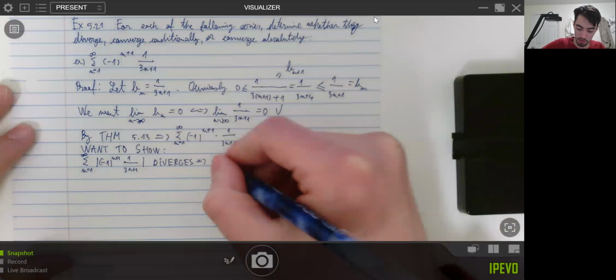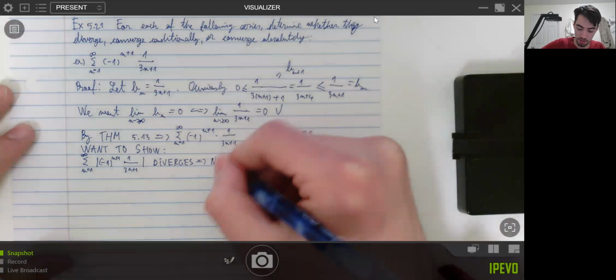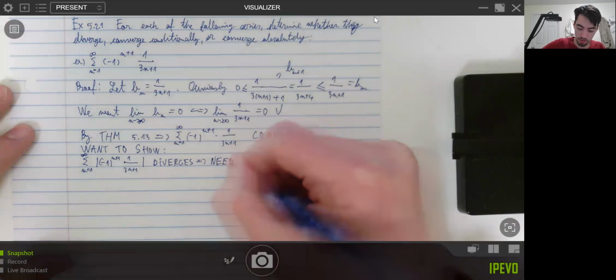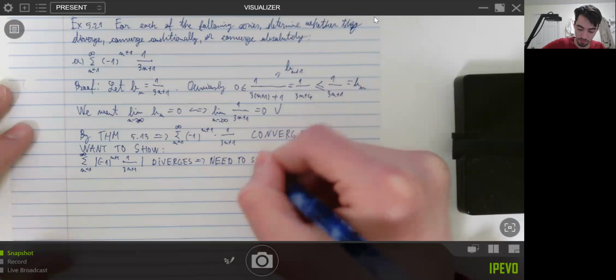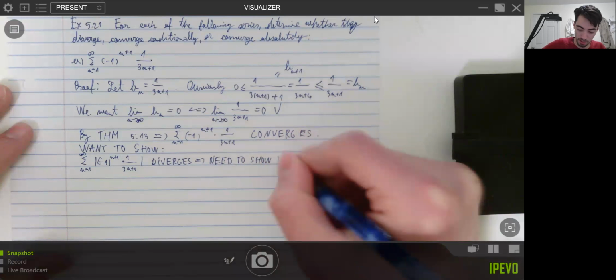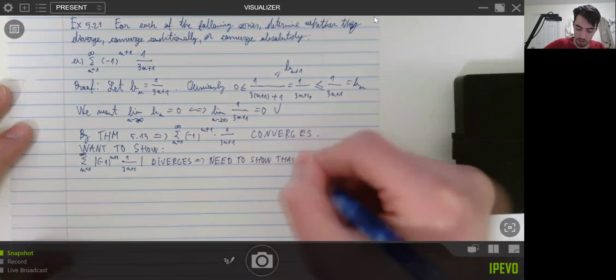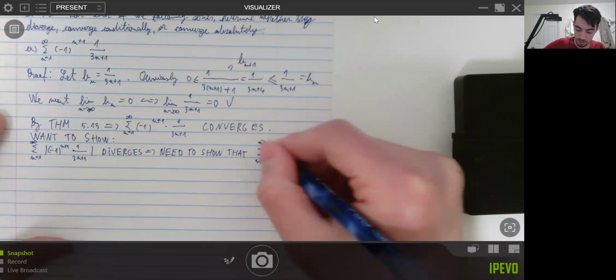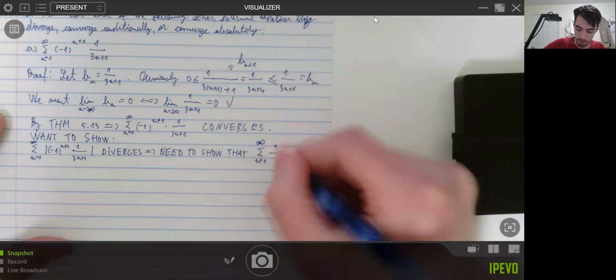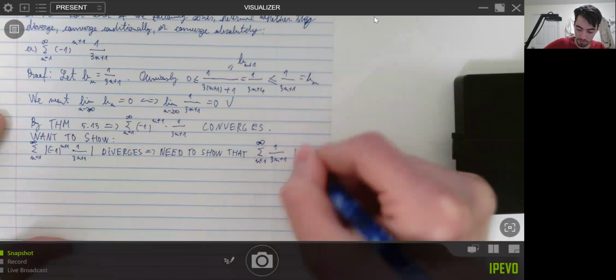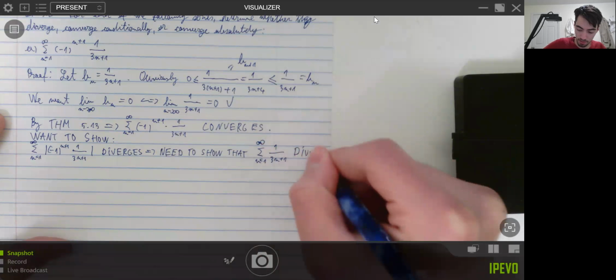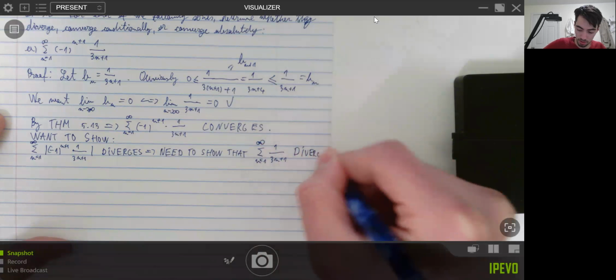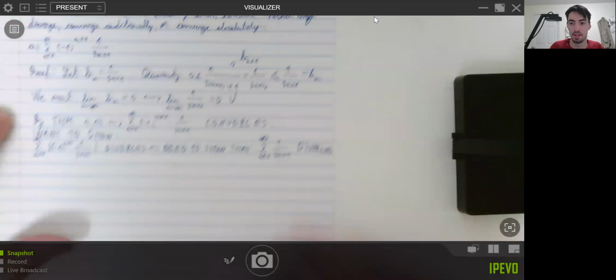So we need to show that the sum from n equals 1 to infinity of 1 over 3n+1 diverges. So how can we do this?